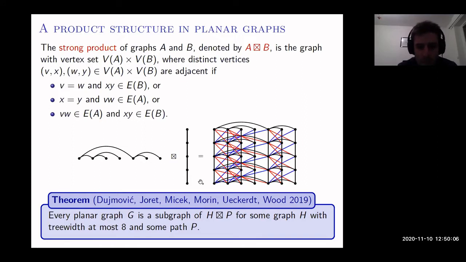So yeah, like this, it might not seem very impressive, but the fact that we really have the same graph at each row, the same graph H, is extremely powerful. And using this theorem, a lot of important, fairly old conjectures and open problems have been solved in the past 2 years.